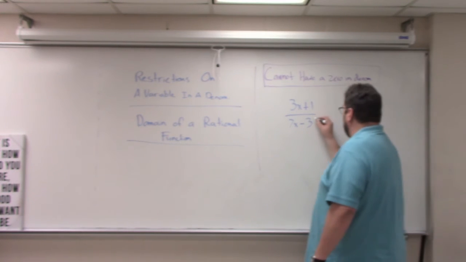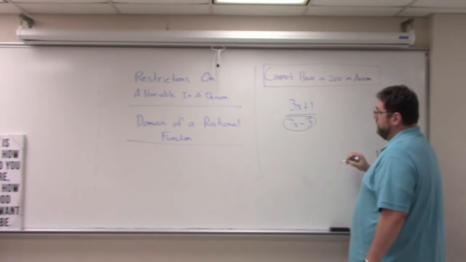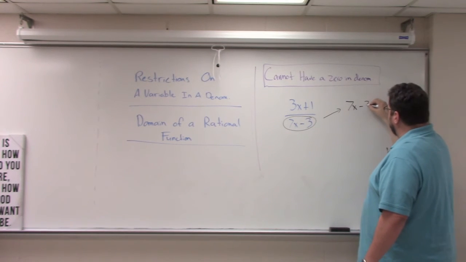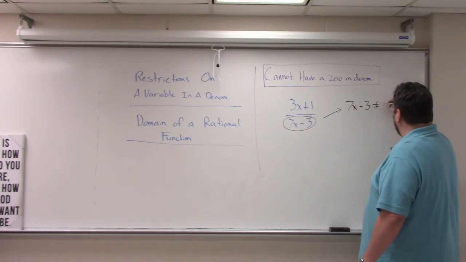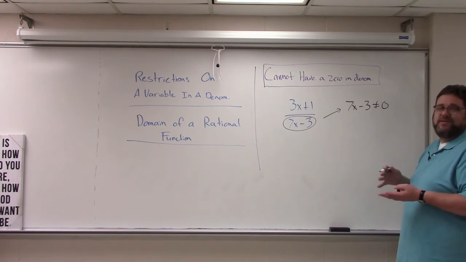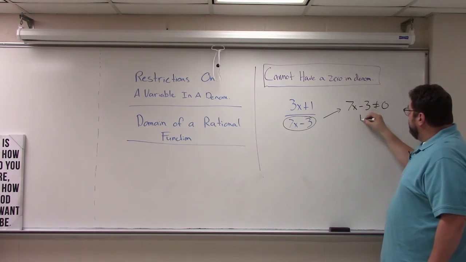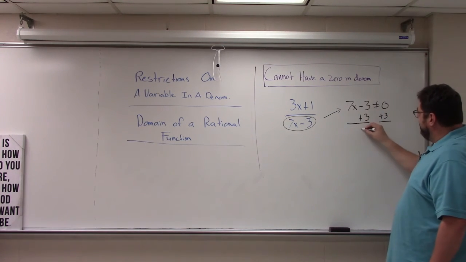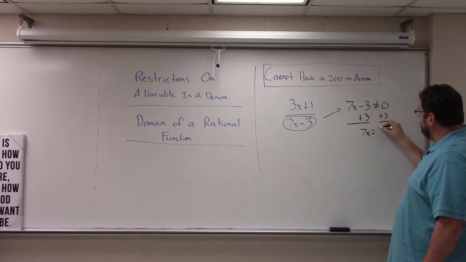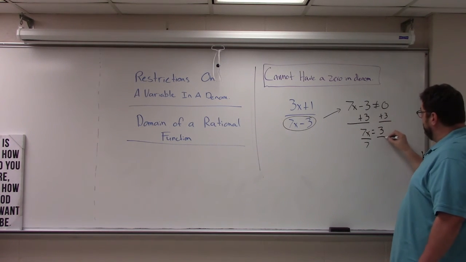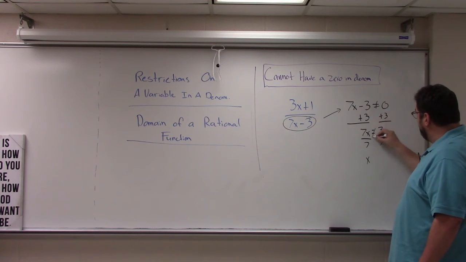We can always take whatever's on the bottom, bring it out here: 7x minus 3. Now, I don't want that to equal 0, so I'm going to use not equal to. You could use equal to. It's not really important. But then I'm going to solve this little equation the same way we've been solving equations all along. Add 3 to both sides. I'm going to divide by 7.